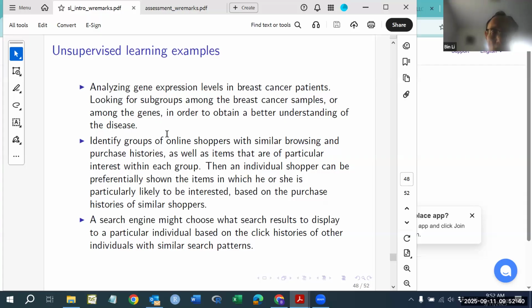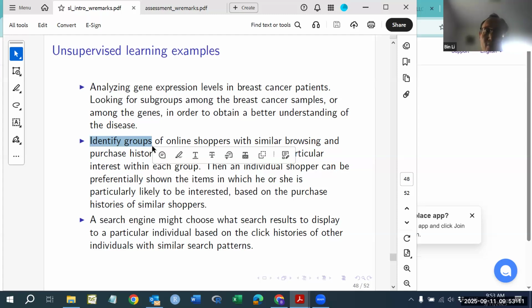Okay, so I listed 3 examples. The first one is to analyze the gene expression levels in breast cancer patients, so we can try to find out the subgroups among the breast cancer samples. The second one is to identify groups of online shoppers with similar browsing and shopping histories.